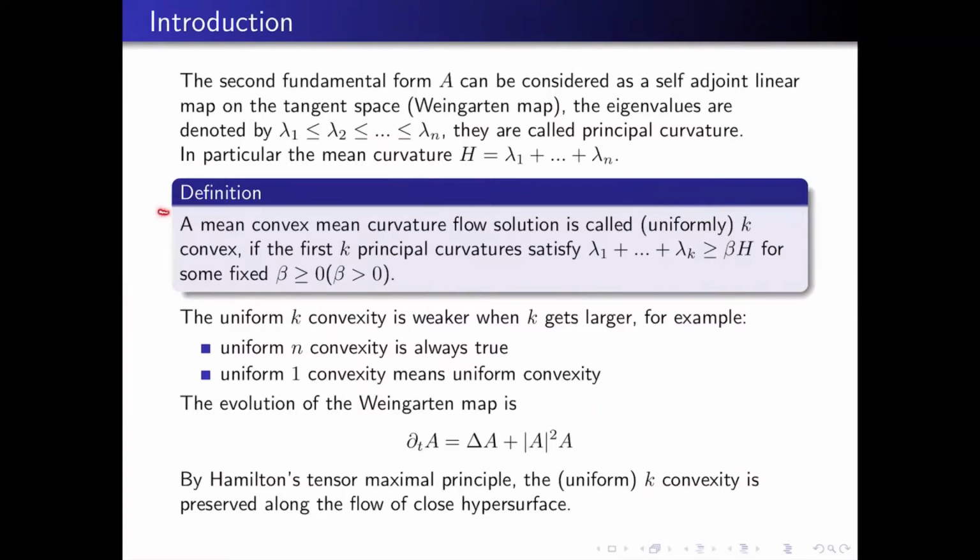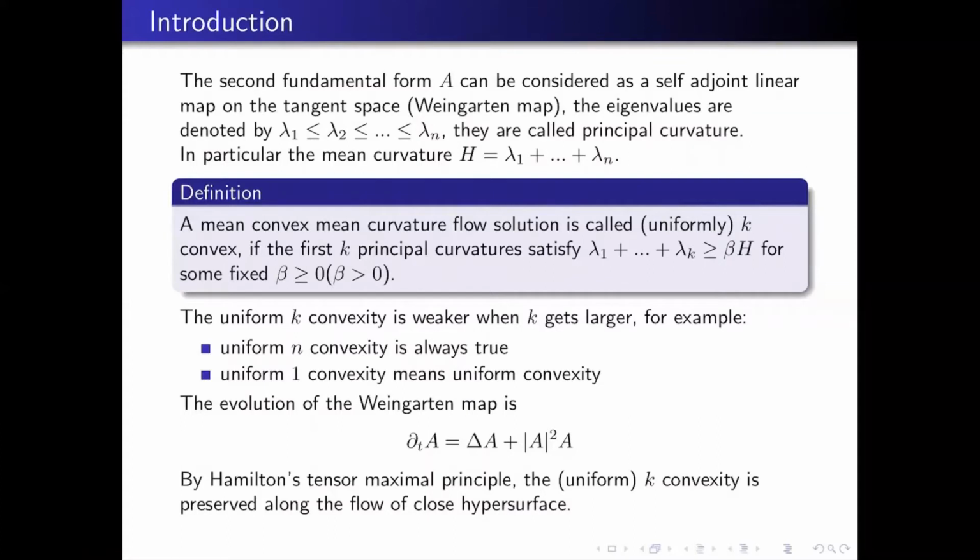And we define the k-convex or uniformly k-convex solution to be the mean curvature flow solution that satisfies that the lowest k principal curvatures are bounded below by beta times the mean curvature for a fixed beta. So in the k-convex case, we require that beta is greater than or equal to 0. And in the uniformly k-convex case, we require that beta is greater than 0.